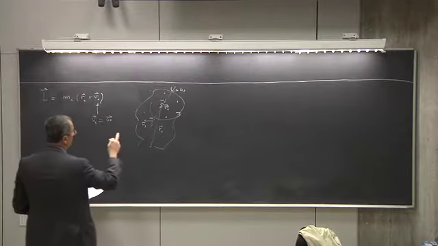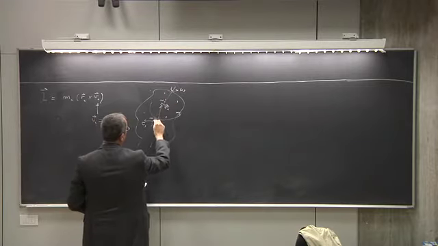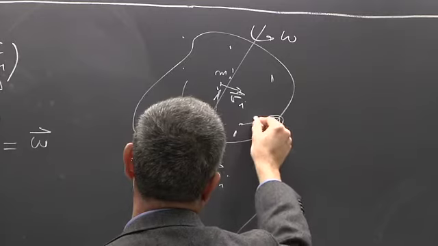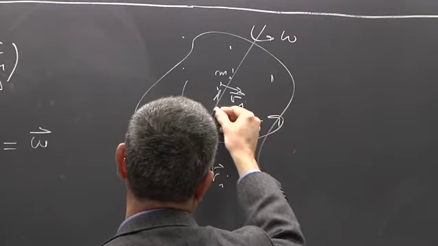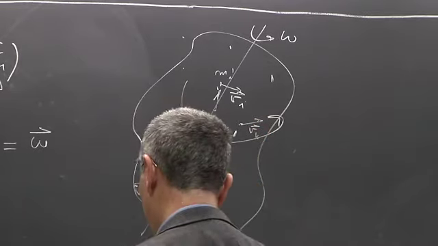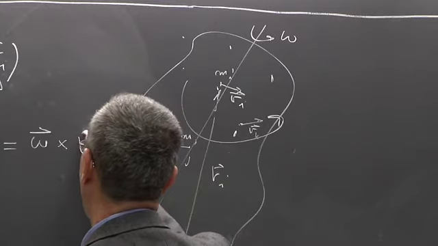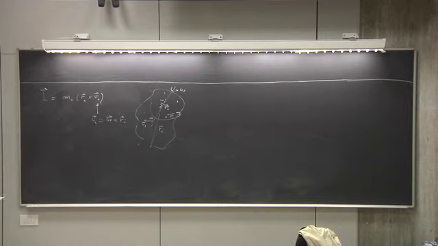And so if I have omega, then the velocity of a point here is omega cross r_i, right? This is the velocity of that.